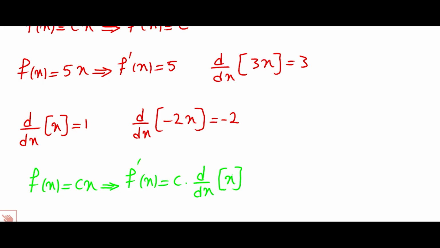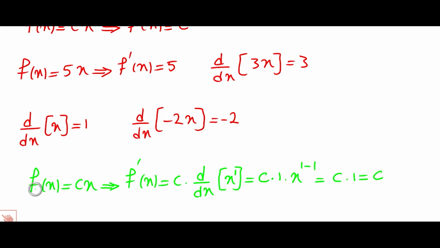X is x to the power of 1, so we have c times the derivative of x to the power of 1 is equal, bring down the 1 to the front and then reduce that power by 1, times x to the power of 1 minus 1. Okay, c times 1 is equal c, times x to the power of 0 is equal 1, so is equal c.